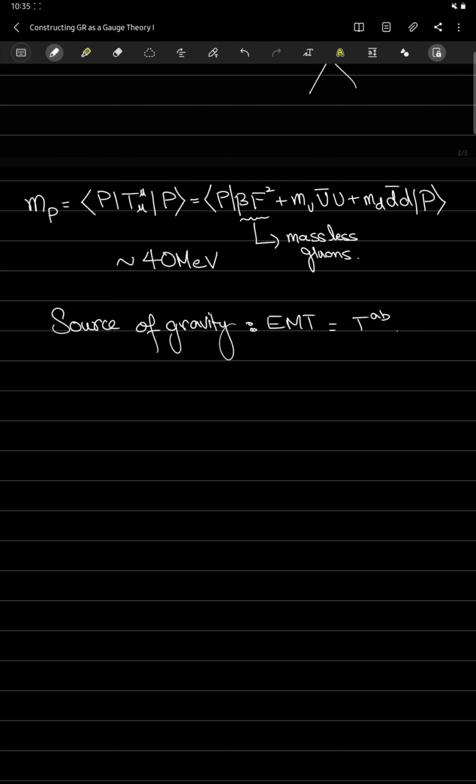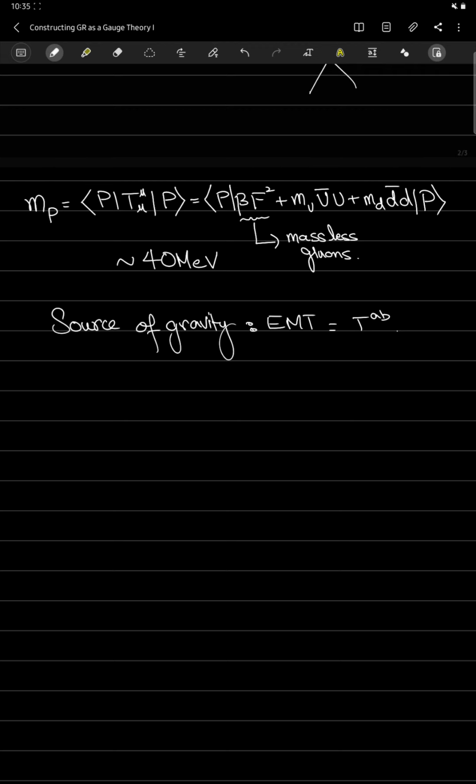Okay, now the next observation is based on the equality of inertial and gravitational masses, from which we know the universality of free fall. It follows from this equality between inertial and gravitational masses. So think of the pathway of a test particle in a gravitational field, which depends only on the initial position and the velocity of that particle.